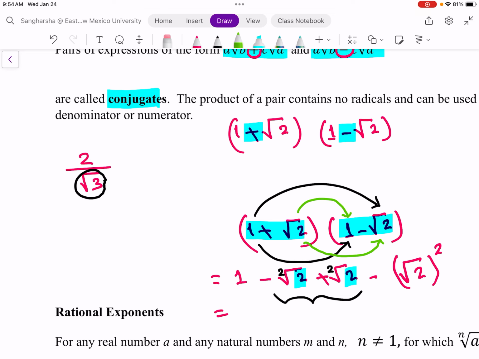Since these two are like terms, we can do addition and subtraction.